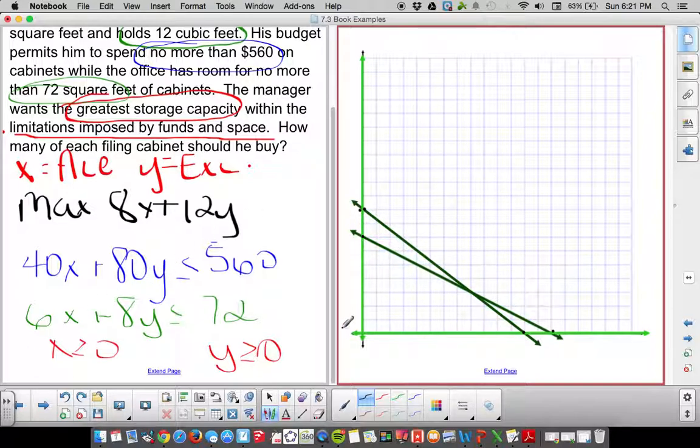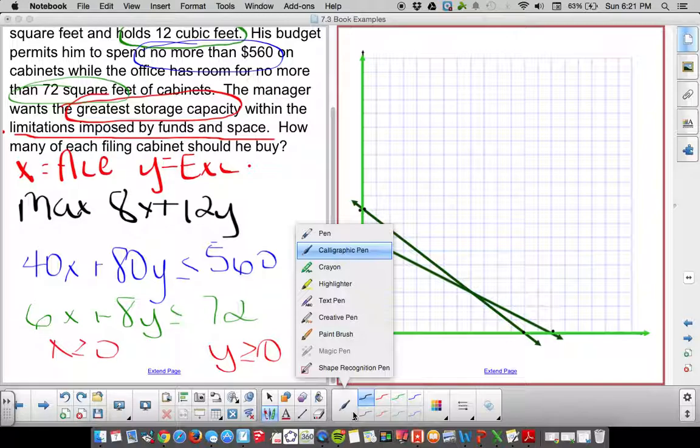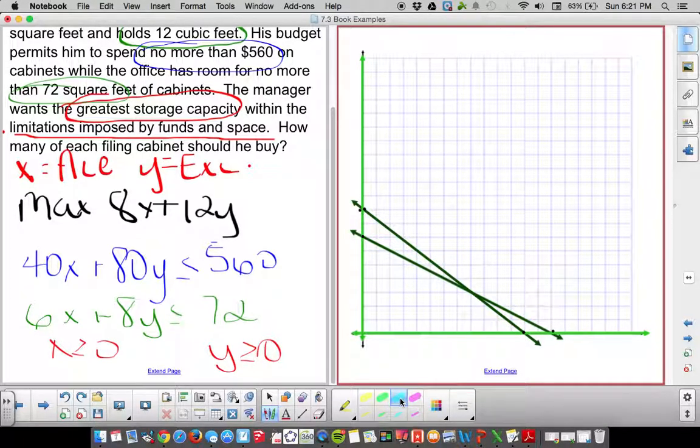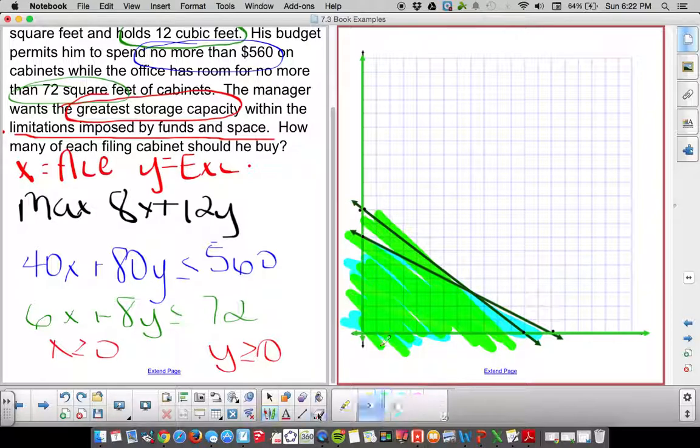Then I know I'm going to need my feasible region, so I'm going to figure out where I need to shade. I know I'm less than on both of these, so I'm going to be shading below on both lines. Where those overlap is where my feasible region is going to be.